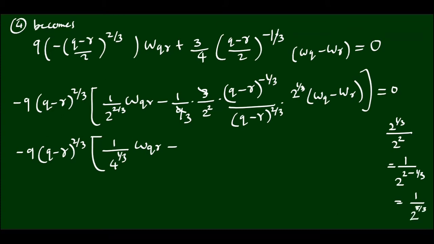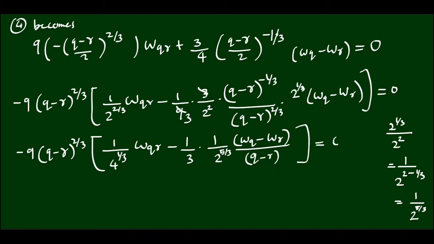So we will get 1 by 3 into 1 by 2 raised to 5 by 3 into (wq minus wr) divided by (q minus r) all raised to minus 1 by 3 divided by (q minus r) all raised to 2 by 3 will become (q minus r), is equal to 0.